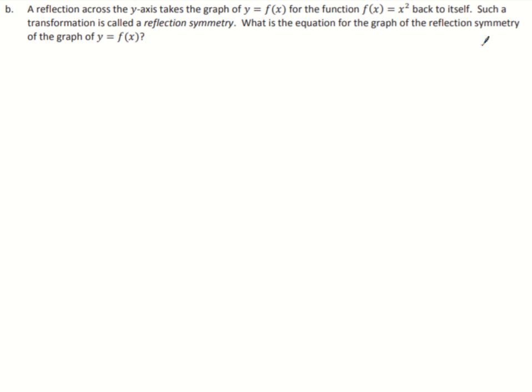What's the equation for the graph of the reflection symmetry of the graph of y equals f of x? Well, we can do a rough little sketch here of our graph of y equals f of x is equal to x squared.